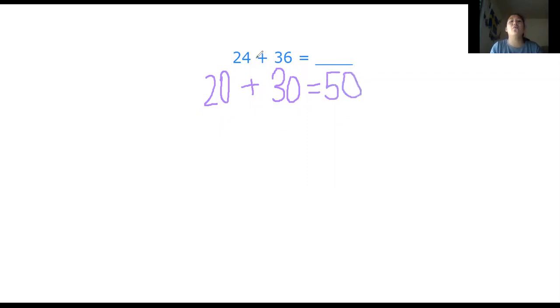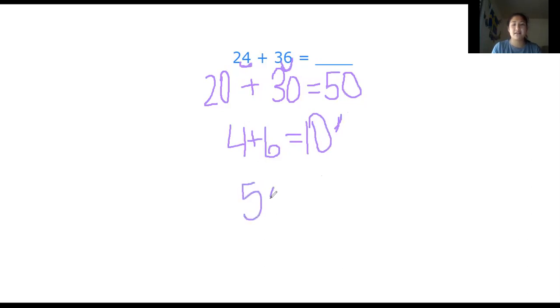Now we need to add the ones from each number. 24 has 4 ones and 36 has 6 ones. So I'm going to write 4 plus 6. I know really quick that 4 plus 6 is 10. Now I need to add together these two numbers right here.